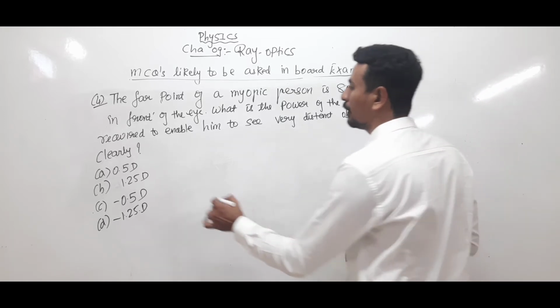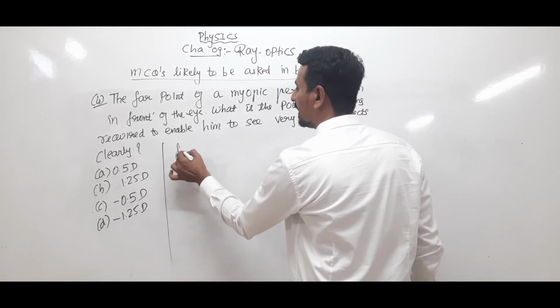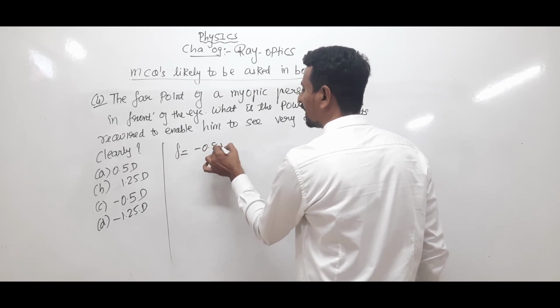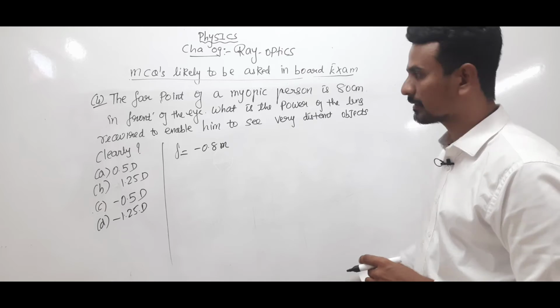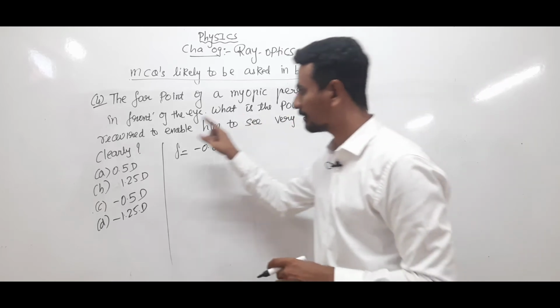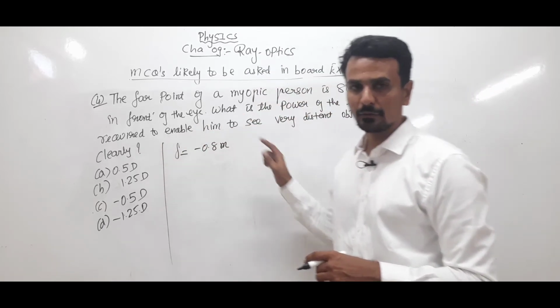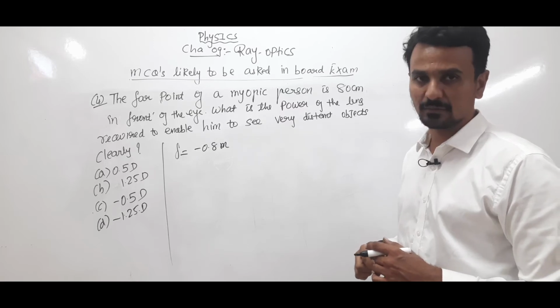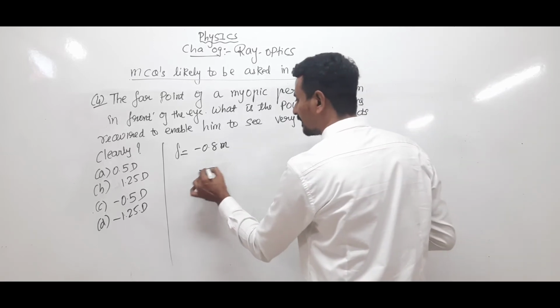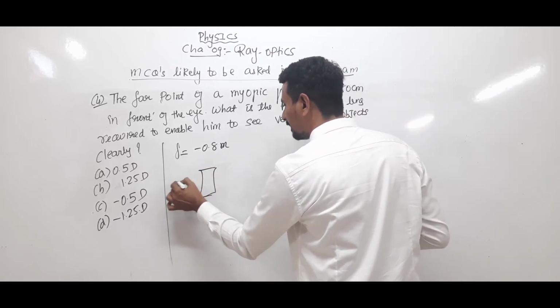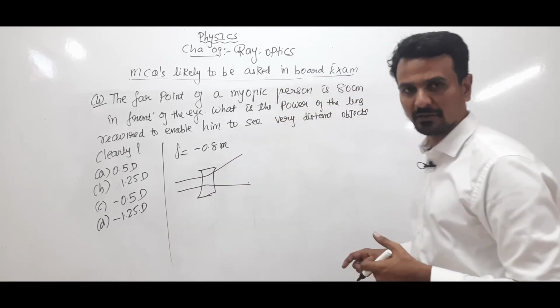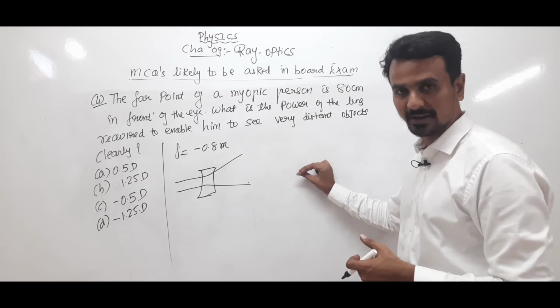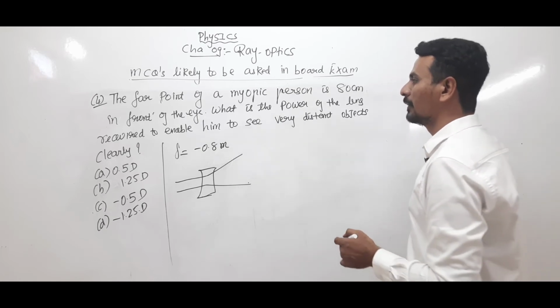So the image is formed at 80 centimeter. So that is 0.8 meter, right? And we are asked the power of the lens. So he will use a concave lens because a concave lens is a diverging lens. The lens will make the rays diverge, so that the image will be formed on the retina and not in front of the retina, right?